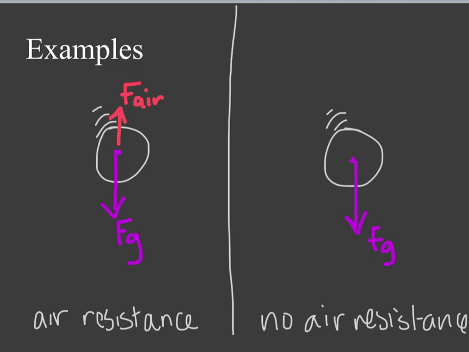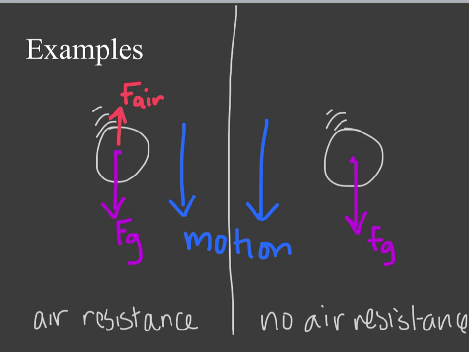Now, what is different is if we take our ball and now we throw it up in the air, so that the ball is moving up. In both of these cases that we've drawn here, the motion of our ball is down. So that's the direction of motion.